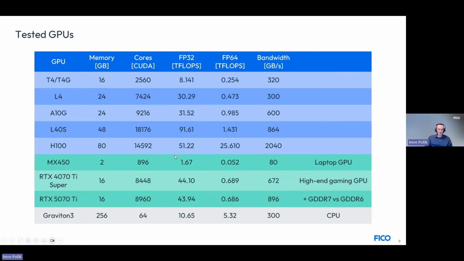first of all, let's talk about memory. All GPU cards have some GPU memory on the card itself. If they run out of that, they can swap out and use some of the CPU memory, but that's going to be very costly and it will slow things down tremendously, but at least it will not fail with out of memory. The MX450 has only 2 gigs.